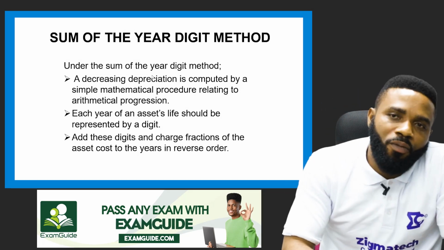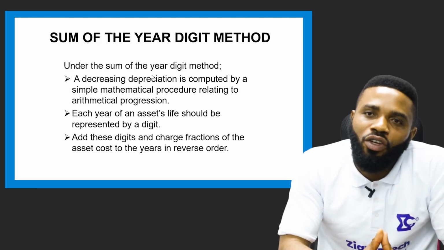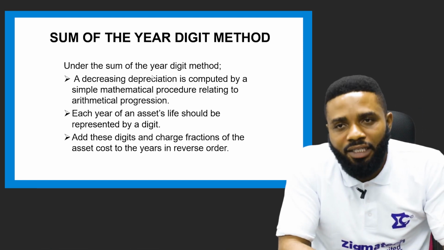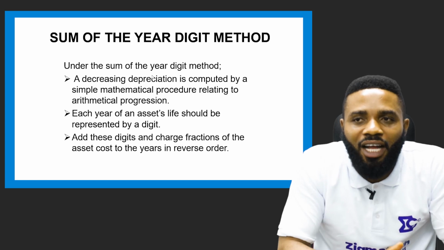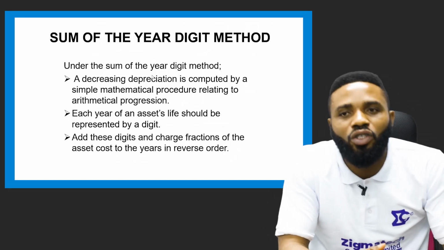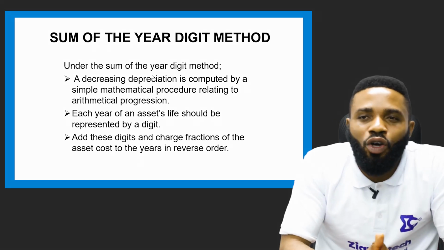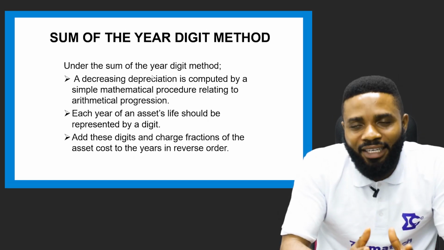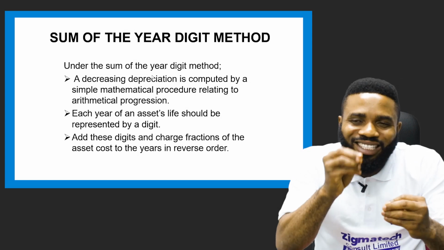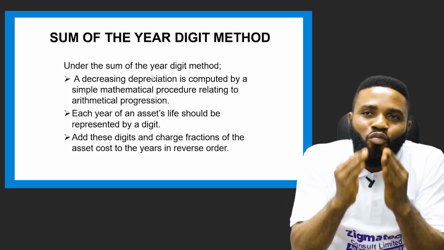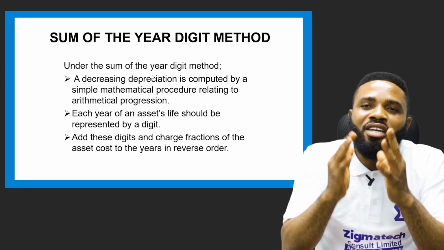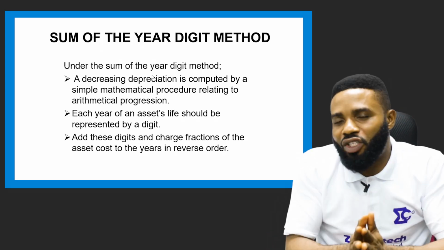Arithmetical progression. Each year of an asset's life should be represented by a digit, and then you add these digits and charge fractions of the asset cost to the years in reverse order. All of these are just very vague at this point. You may not be able to appreciate them, but by the time we look at them one after the other and begin to solve examples, you will appreciate them.